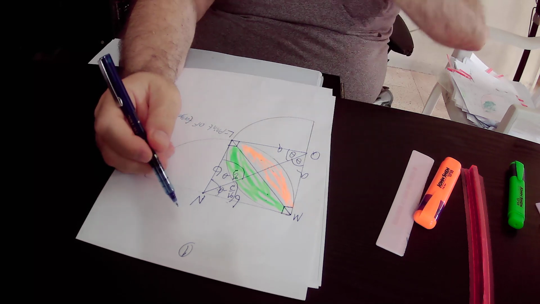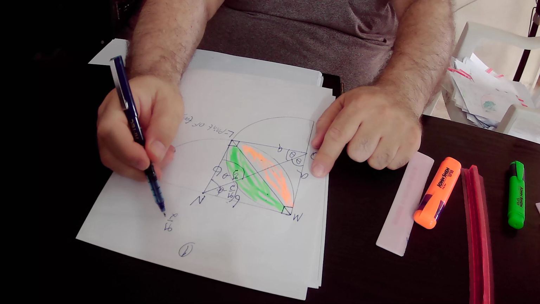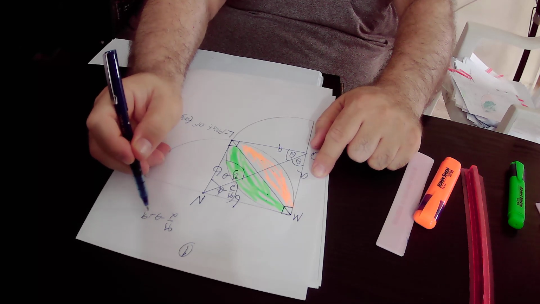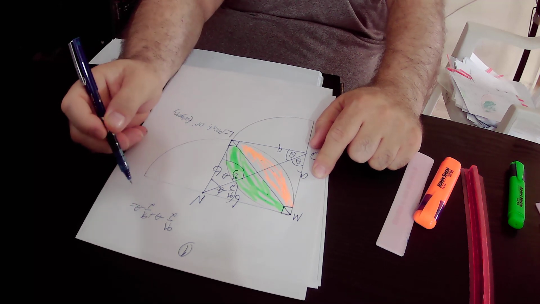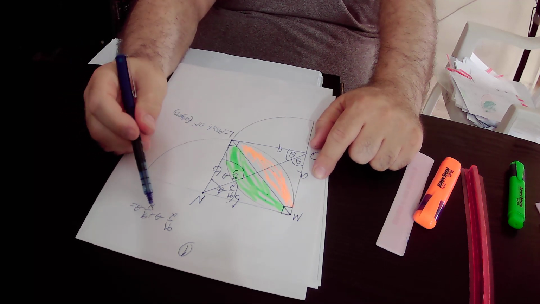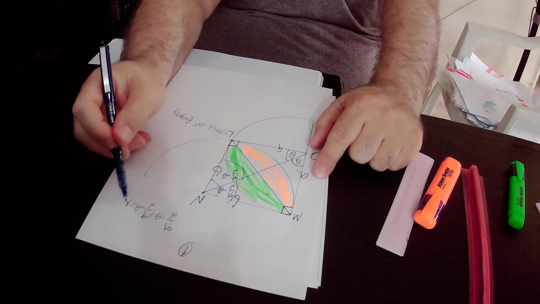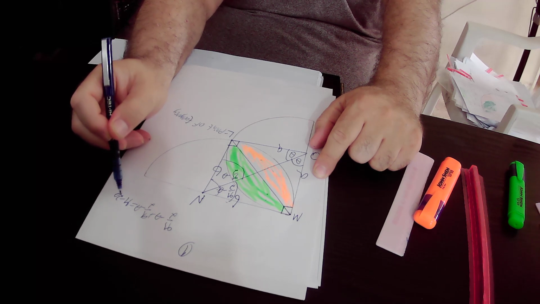Okay, so it is equal to pi over 2 minus theta plus pi over 2 minus theta. So here pi over 2 plus pi over 2 is pi, minus theta plus minus theta is minus 2 theta.